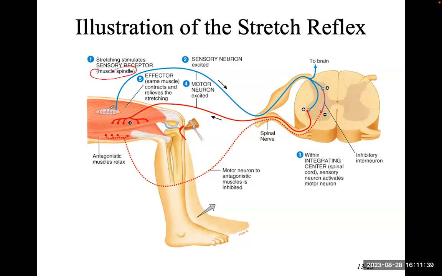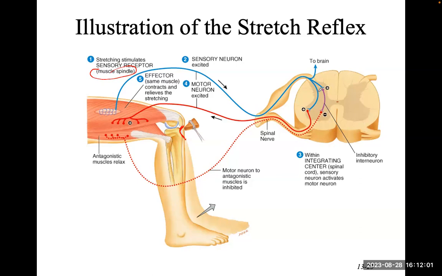spindle. So there's a stretch, and that information from the muscle spindle is going to move up, number 2, that sensory neuron. The sensory neuron comes in through the dorsal root ganglia into the dorsal horn. And here's where the integration takes place.